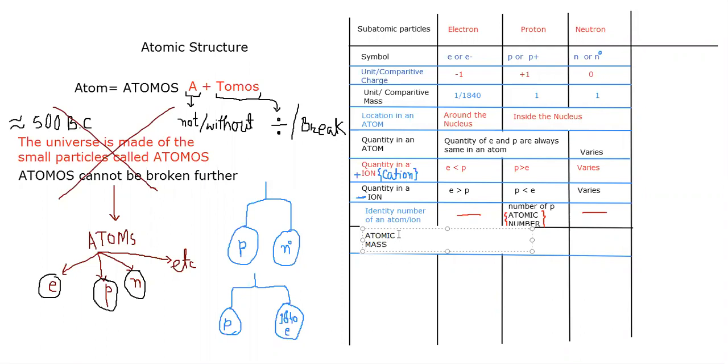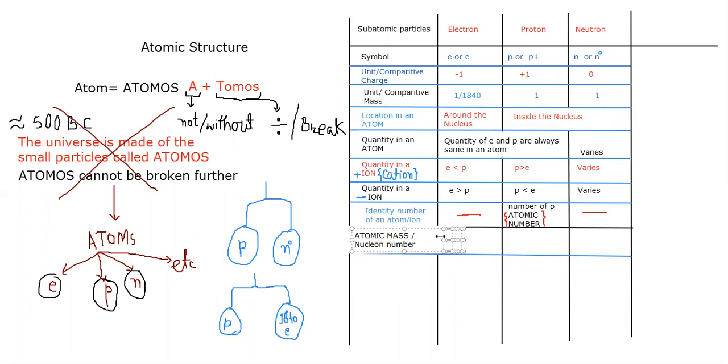This is also called the nucleon number or nucleon mass. Atomic mass is also called nucleon number. Why is it called nucleon number?